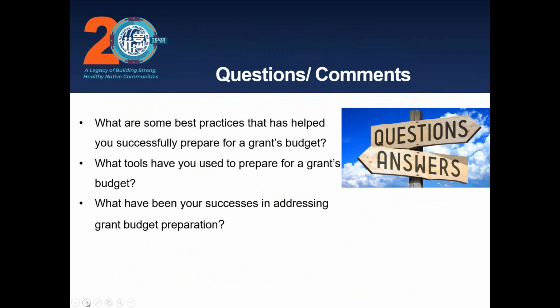What are some tools that you use to prepare a grant budget, and what have been successes in addressing a grant budget in your specific organizations that you feel would be helpful for other people on the line to know?